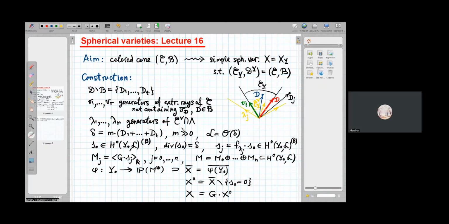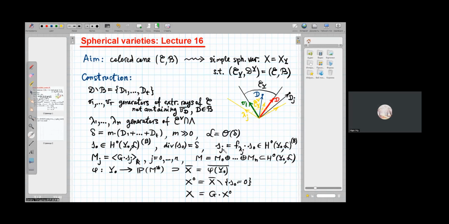Now we consider the effective divisor on our spherical homogeneous space Y0, which is just the sum of all colors not contained in B, taken with a sufficiently big multiple, so that the respective line bundle L is equipped with an action of G. So the action of G is lifted from the open orbit Y0 to this line bundle L. And this divisor delta defines a canonical B semi-invariant section of the line bundle L, denoted by S0, such that if you multiply this S0 with rational B semi-invariant functions corresponding to generators of this lattice semigroup, then you obtain sections with no poles.